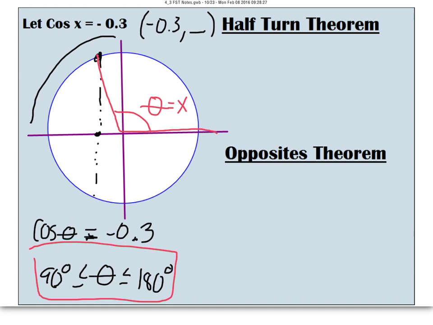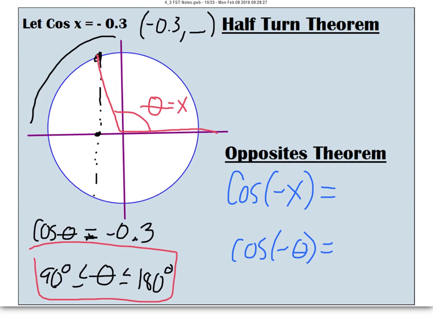Now, let's figure out how to use this. What if they asked me this for the opposites theorem? Find the cosine of negative x. Or let's again maybe say, if you want to see the theta instead, means the same thing. Okay? If this is the theta or x movement, to go negative, you just go backwards, the same magnitude, and you're going to draw and see where you land. Now this is the negative theta or the negative x.